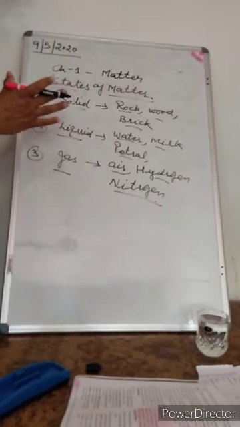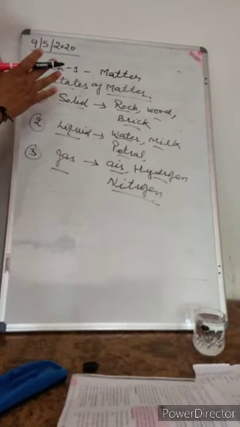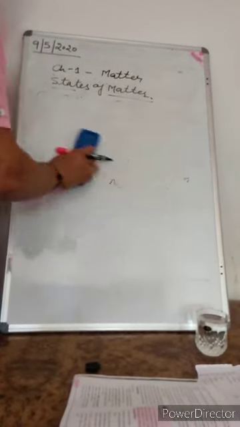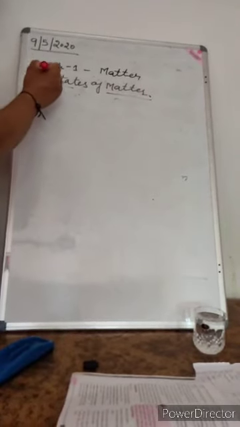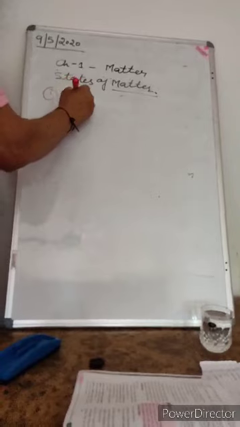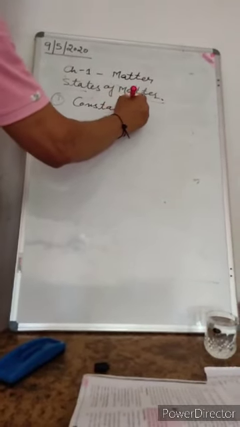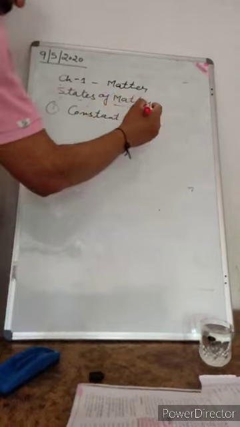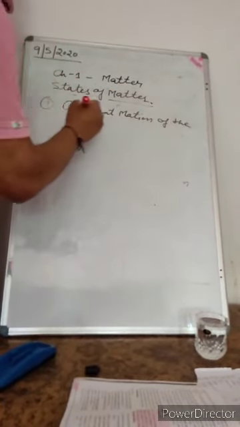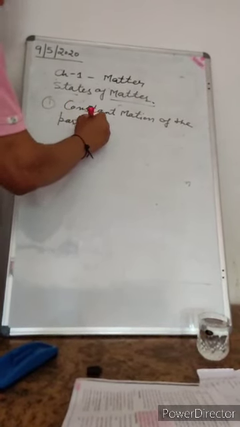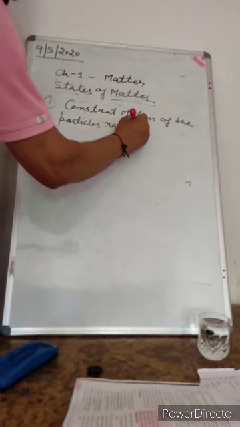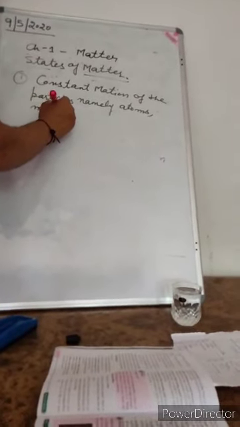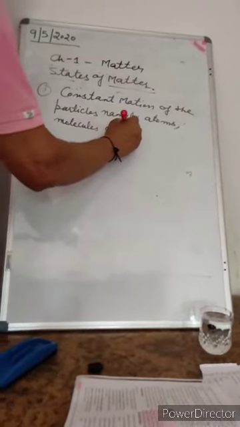The first factor is the constant motion of the particles, namely atoms, molecules and ions.